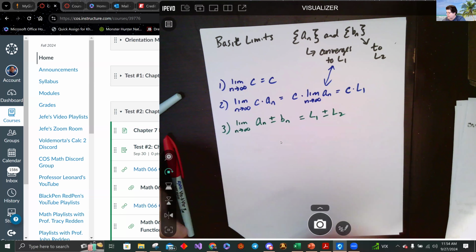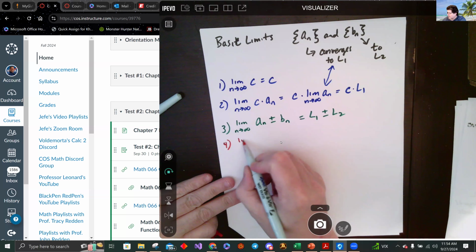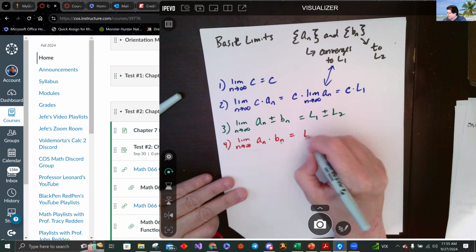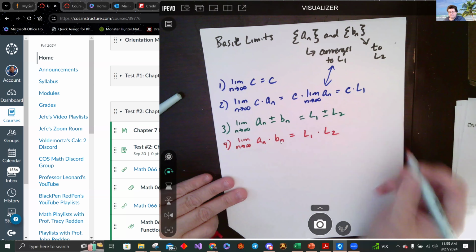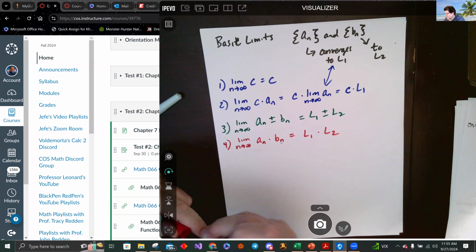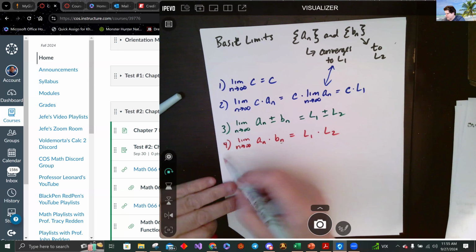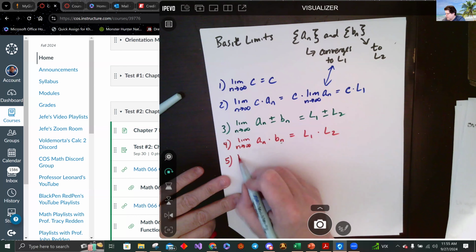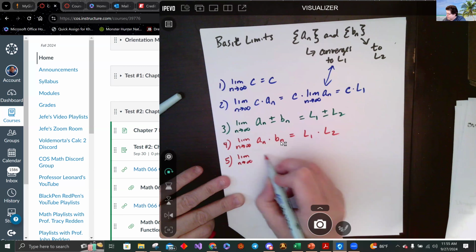If we have a product of them, limit as n goes to infinity of a sub n times b sub n. This just goes to the product of them. And obviously, division is just multiplication of the reciprocal.